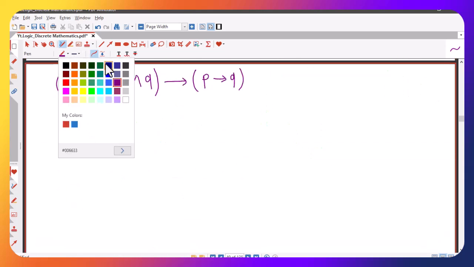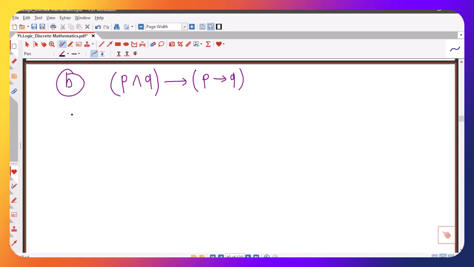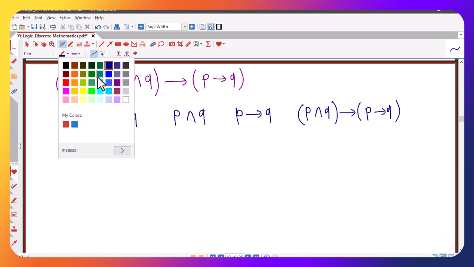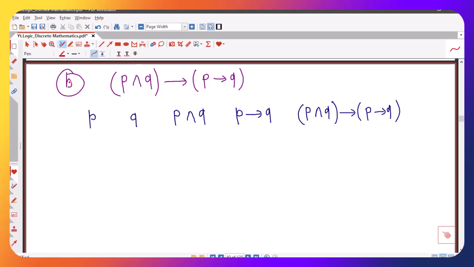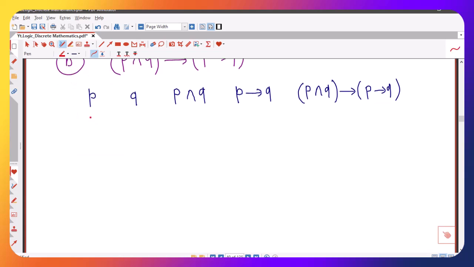So here also I am preparing the truth table. First I will write P, then Q, then I will require P and Q, then P implies Q, and after that the column corresponding to P and Q implies P implies Q. And then as usual we write the different possible combinations.